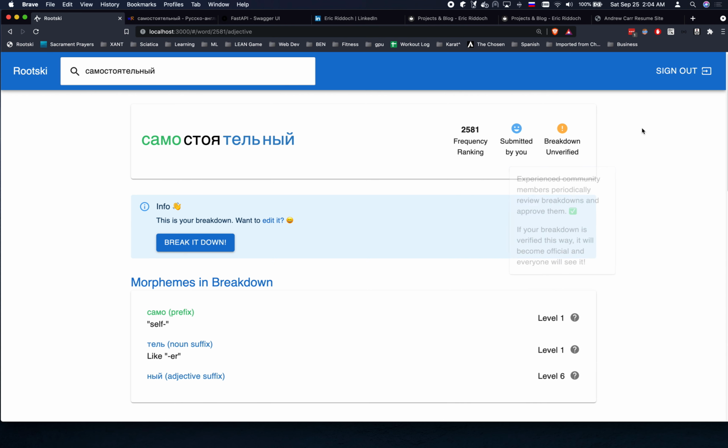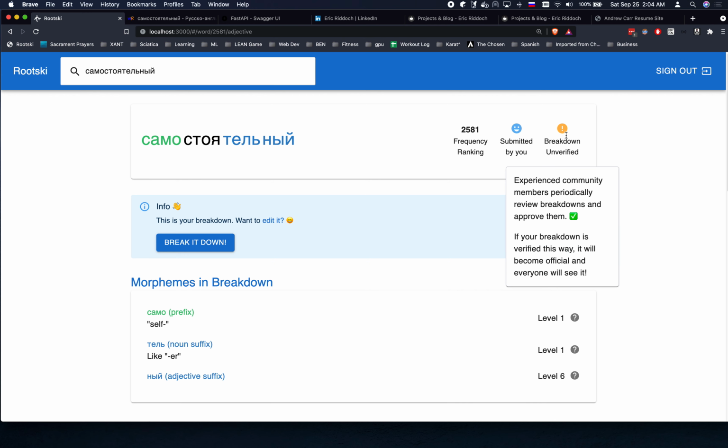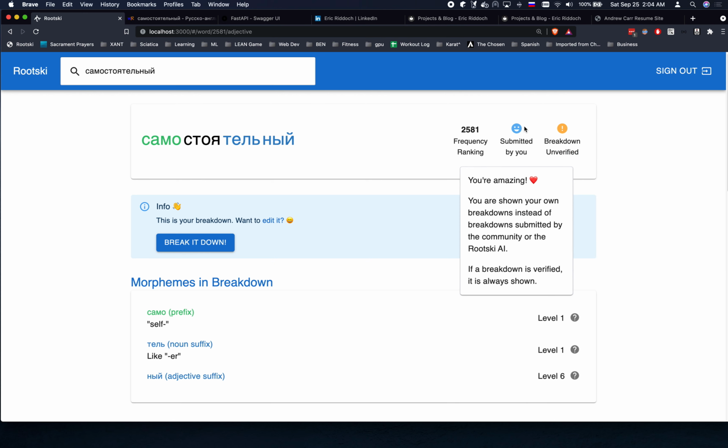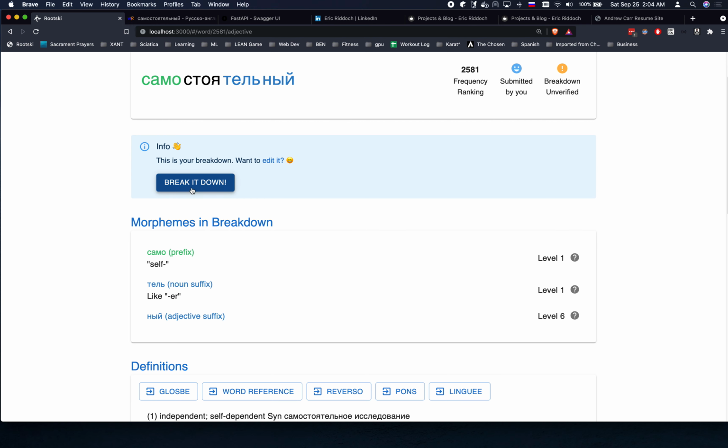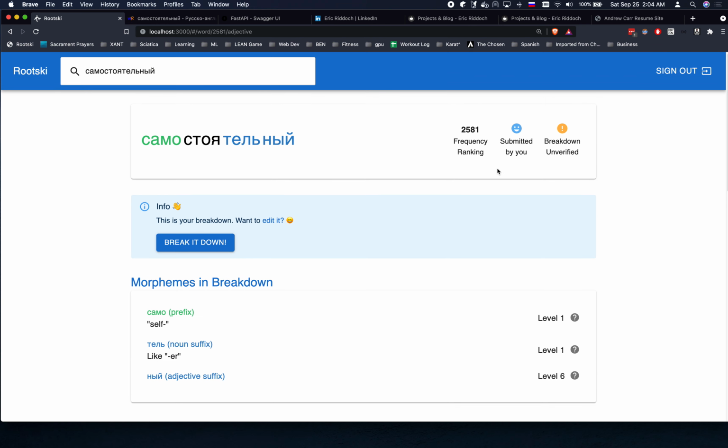But yeah, if an admin verifies a breakdown, this will turn into a check mark and say breakdown verified, which is really cool. And it'll say who the breakdown was by, whether it was by you or by AI. If the breakdown's verified, users are no longer going to have the chance to break it down. If it was done by another user, users can submit their own breakdown.